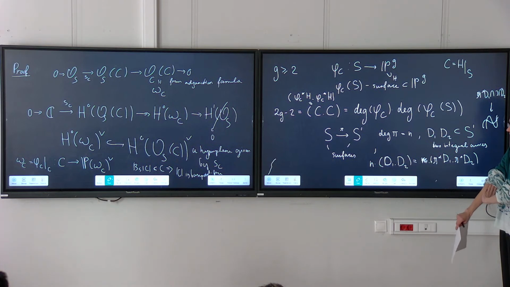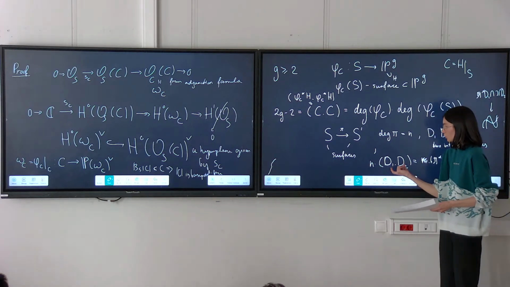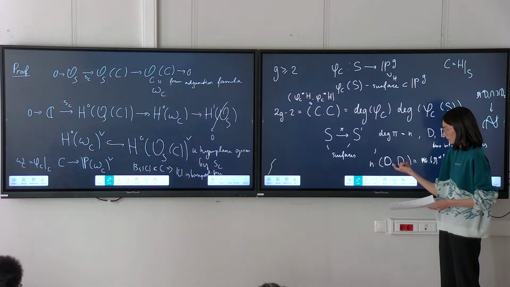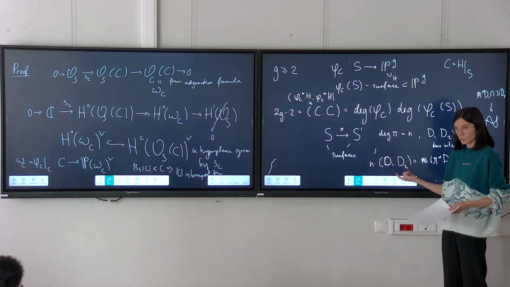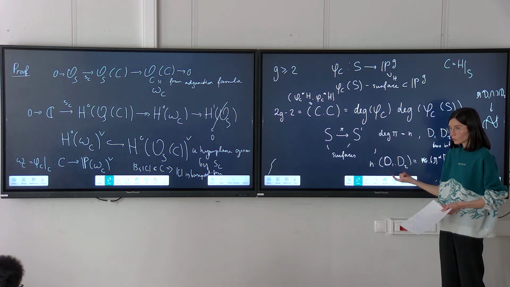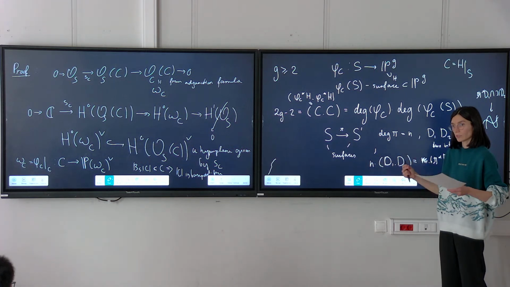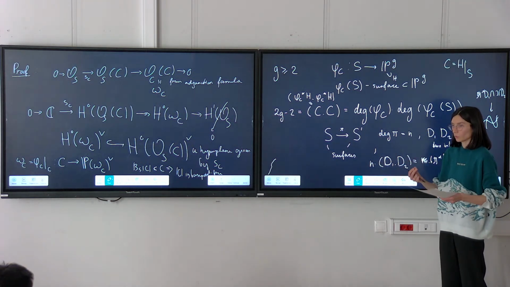So if we can find two divisors that intersect properly in the corresponding linear system, this will obviously hold, and I'm not sure that this will be true for rigid divisors, for example a -2 curve.